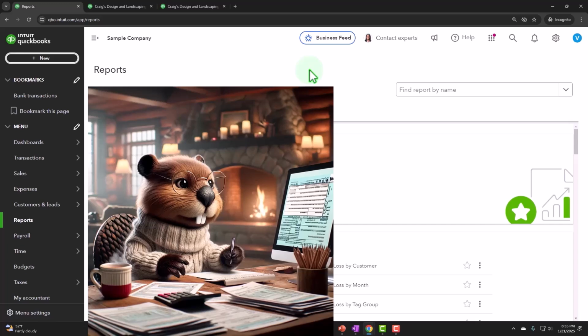And if you're working in a company, so you go and work for a company that uses QuickBooks or possibly any kind of accounting system, they will already have the accounting system set up.